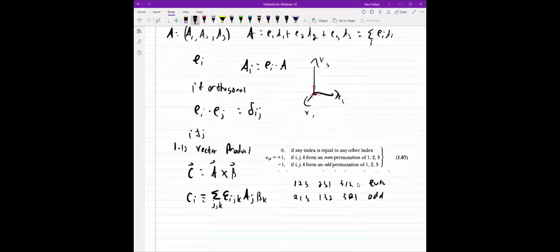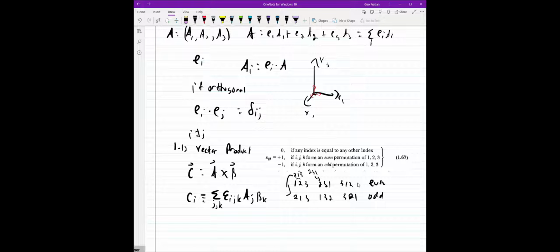The real way you're supposed to do it is i, j, k form an even permutation of 1, 2, 3. So you start with 1, 2, 3, which is an even permutation. Then let's say you swap 2 and 1, so you get 2, 1, 3, and then you swap again, so you swap 1 and 3, so you get 2, 3, 1. Well, that's two swaps. That's even, right? So that's how you get 2, 3, 1, and so forth. And notice when I only did one swap, I got 2, 1, 3, which is an odd permutation, which is -1.